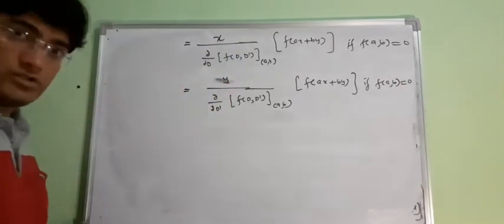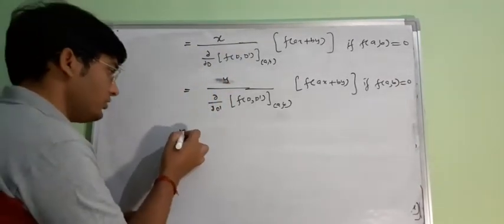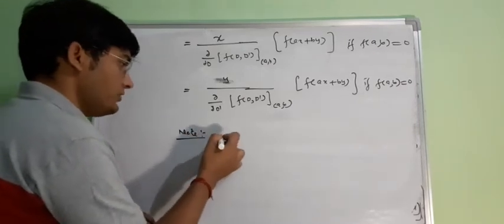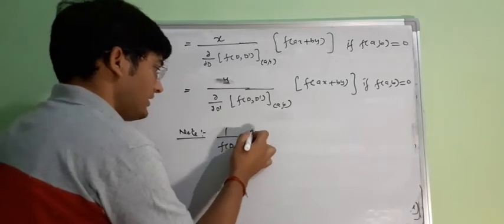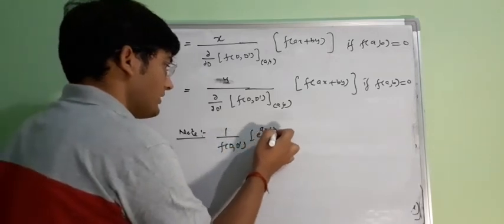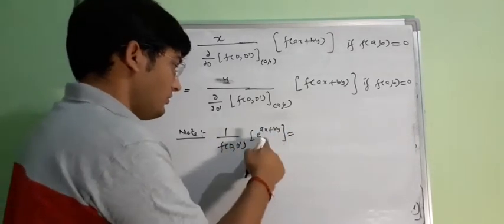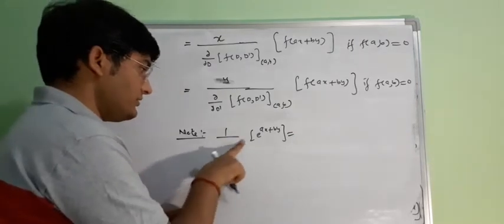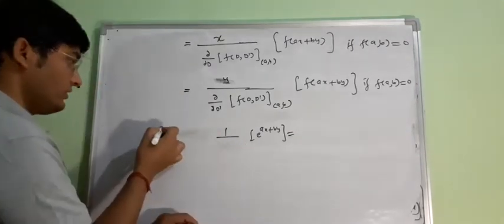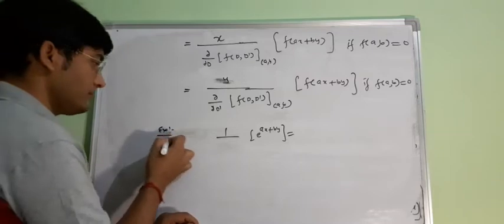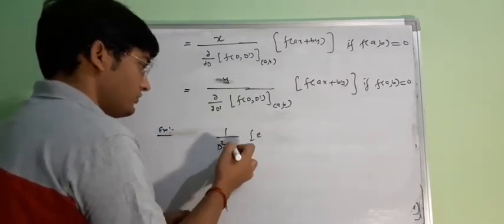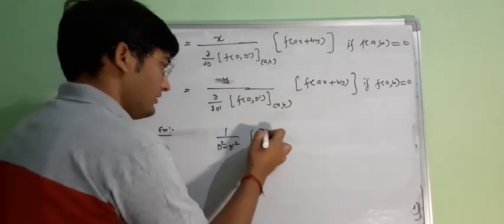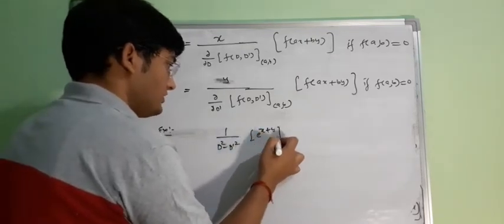This is your particular integral in this case. For example, suppose that we have this function f(D, D'), and in the bracket suppose that we have e^(ax + by). For example, suppose that here we have D squared minus D' squared, and here we have e^(x + y).